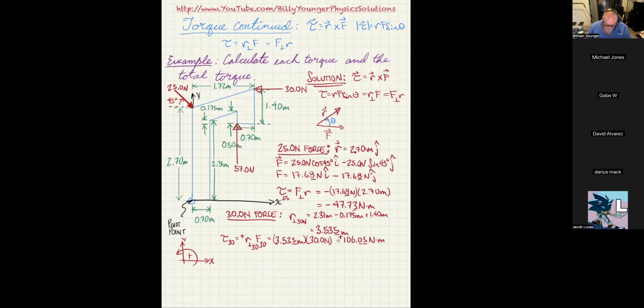So we've now used R perpendicular times F. Now it might be a good time to find the component of F that is perpendicular to R, so I could use the other formula. None of these jump out at me as really easy to do that, so I might have to force it. So let me go ahead and say we're going to tackle the 57 Newton force. So 57.0 Newton force.